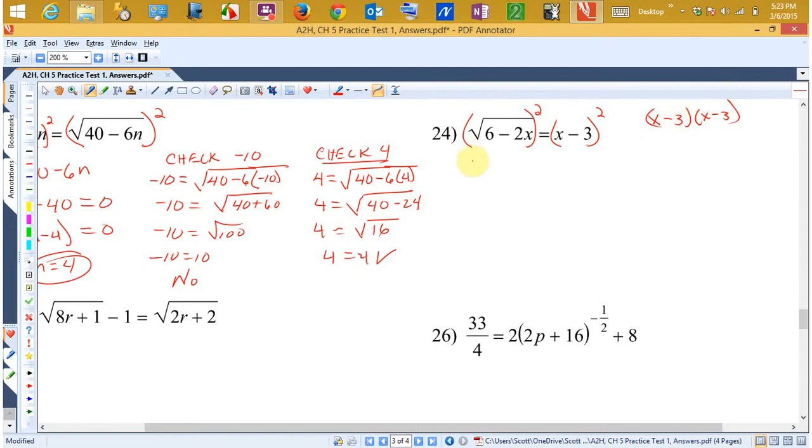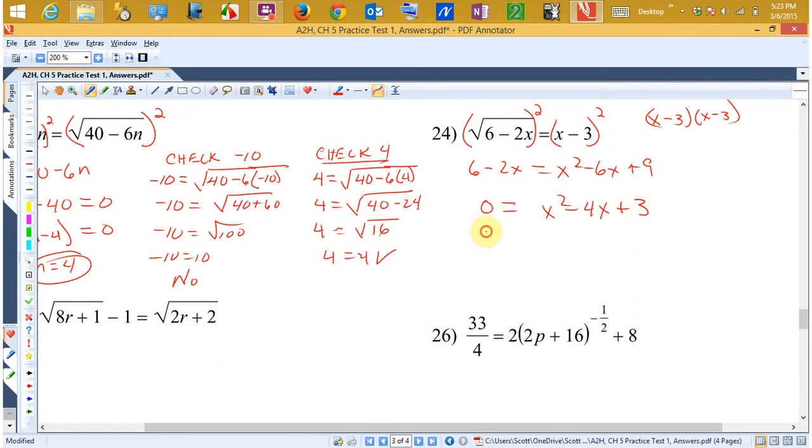So this is going to be 6 minus 2x is equal to x squared minus 6x plus 9. Once again, we need to get 0 on one side and all the terms on the other because it's a quadratic. So if I add 2x to both sides, I've got x squared minus 4x. And now I'm going to subtract the 6 from both sides, and that's going to give me 3 on the other side.